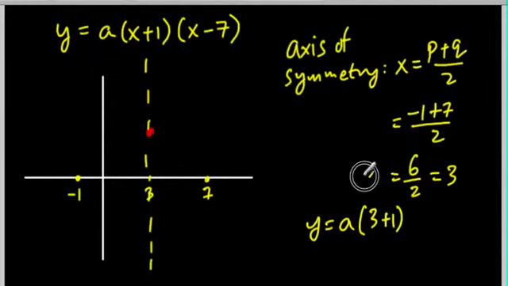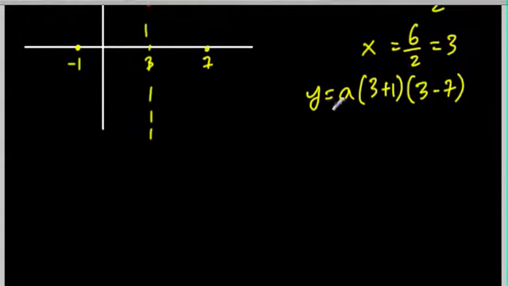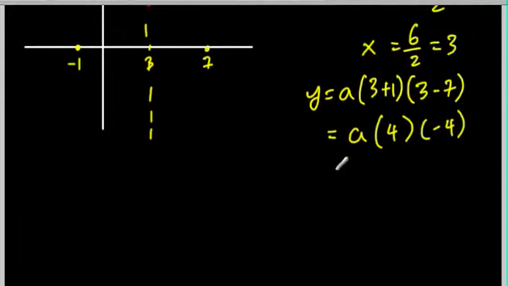Remember, this is the x coordinate of the vertex, which is 3, and we're trying to find the y coordinate of the vertex, times (3 minus 7). It's equal to a times 4 times -4, which is equal to -16a. So y is equal to -16a, which doesn't really give us a specific answer. It doesn't tell us a y coordinate. It says -16a, and a can be anything.